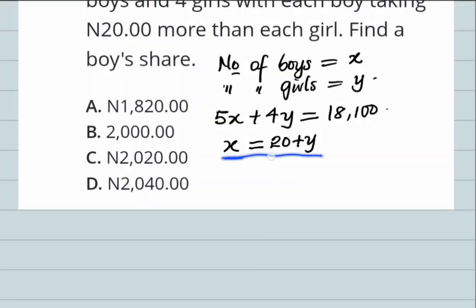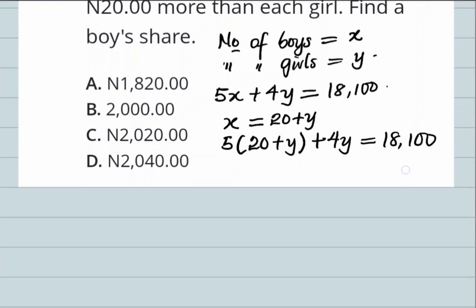This shows that anywhere you see x, we are going to substitute it by 20 plus y. Replacing x with 20 plus y here, we have 5 times 20 plus y, that is 5x, plus 4y equals 18,100.